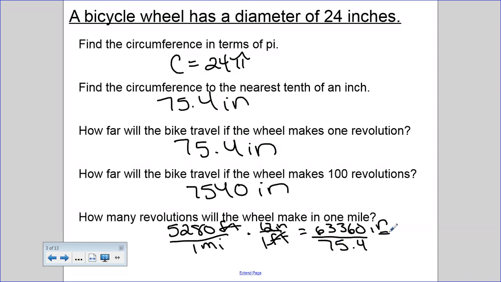And let's see what we get. I didn't do this out yet. I got 840.33, we'll round to the nearest hundredth, 840.32. And that's how many revolutions. There we go. Okay, so now we reviewed circumference.